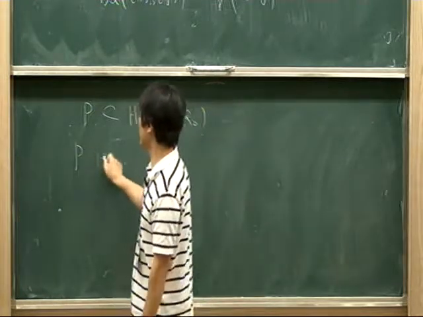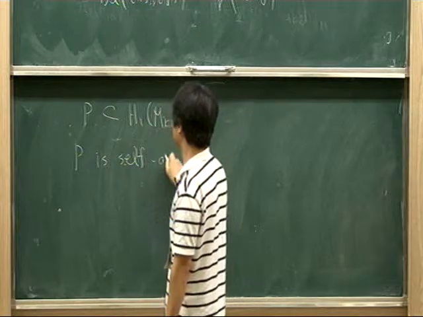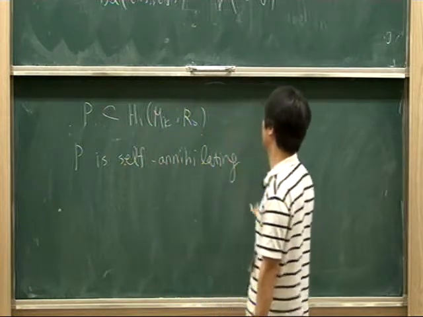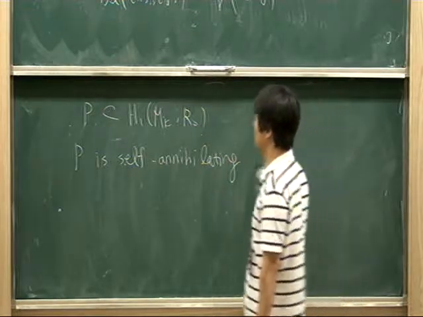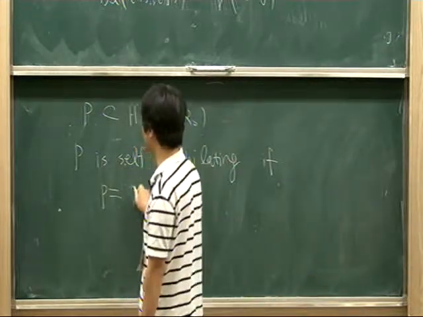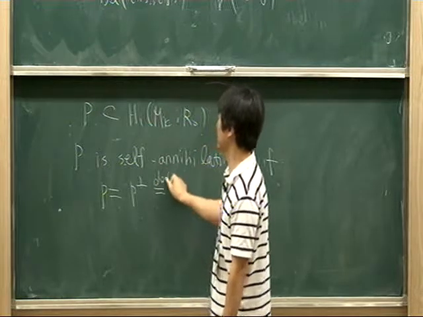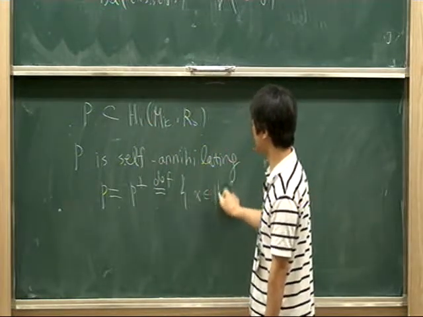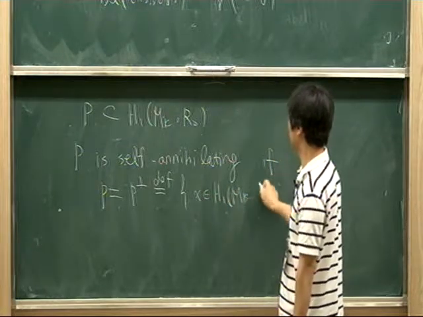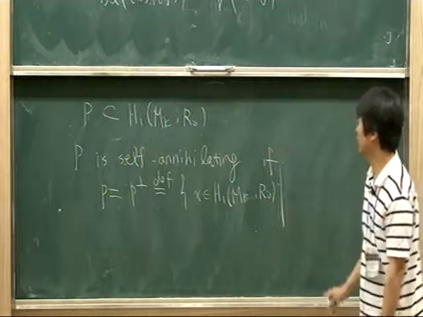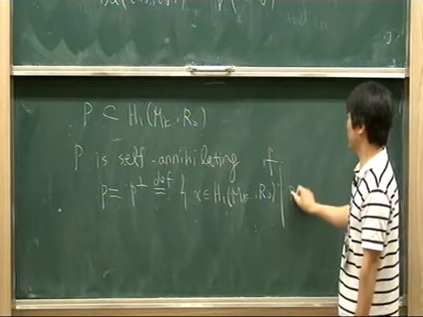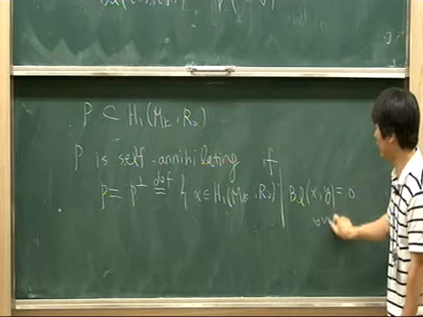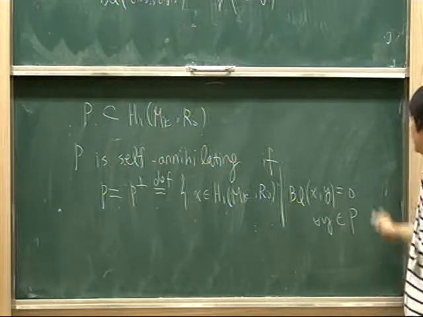Then we say that P is self-annihilating if P is equal to P perp, and P perp is defined to be the elements x in H1 such that the Blanchfield linking form of x and y is 0 for all y in the given module P.